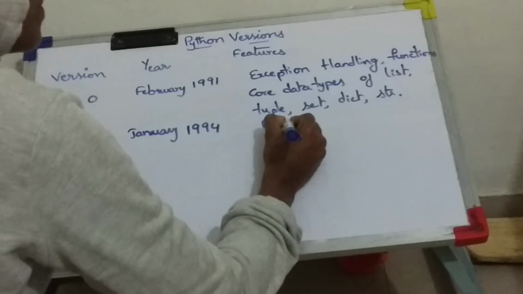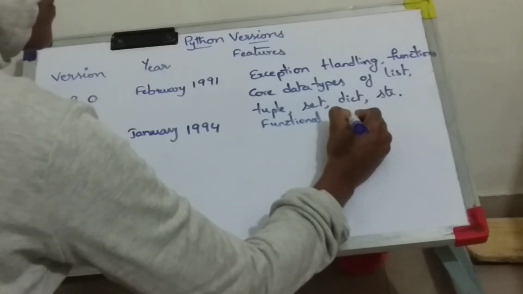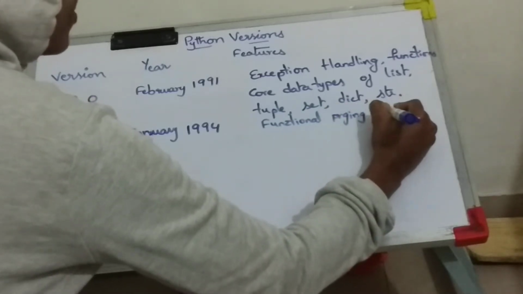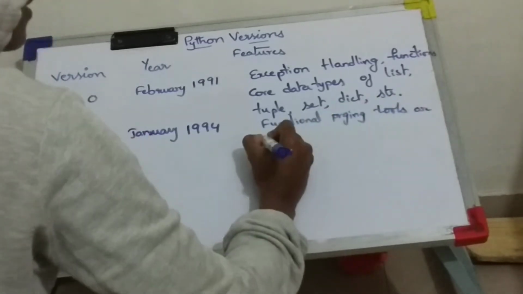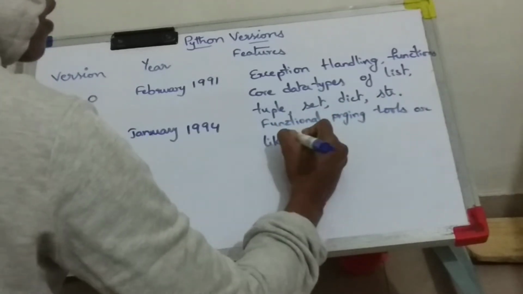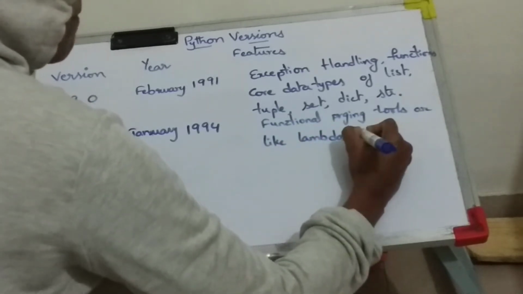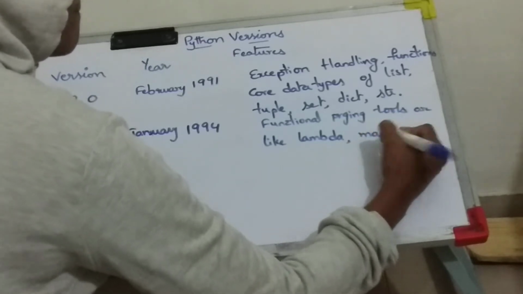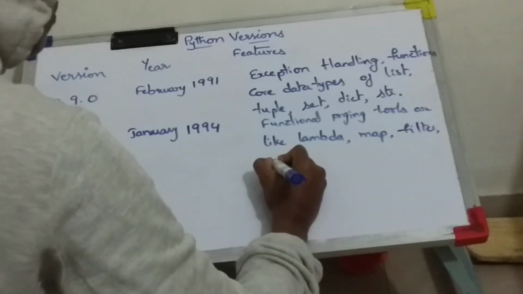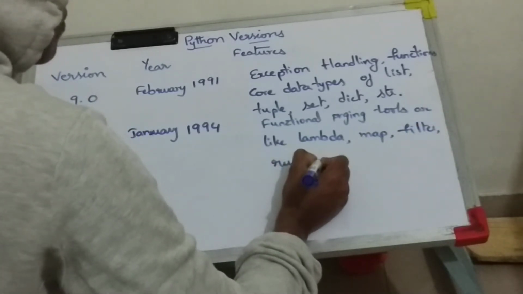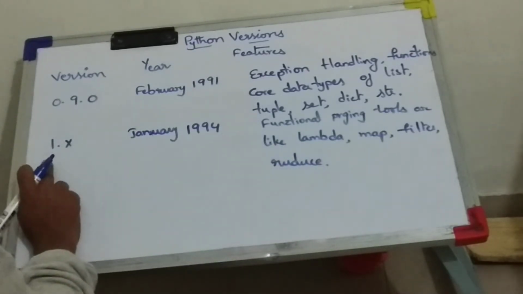Functional programming tools are like lambda, map, filter and reduce. These features are available in 1.x.